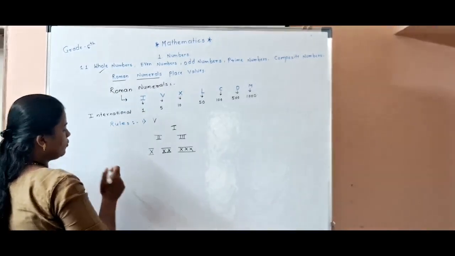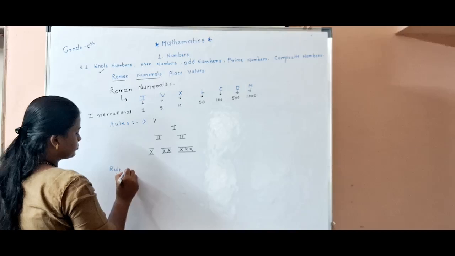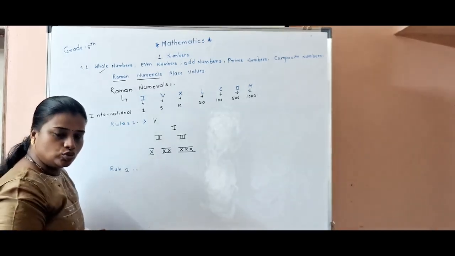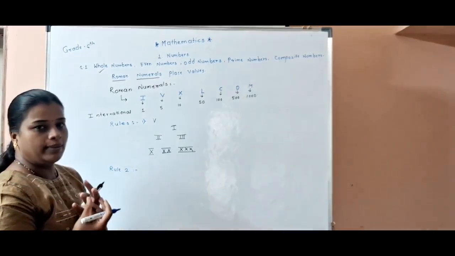Now the second rule, what is it? Rule number 2. First take the higher Roman numeral.